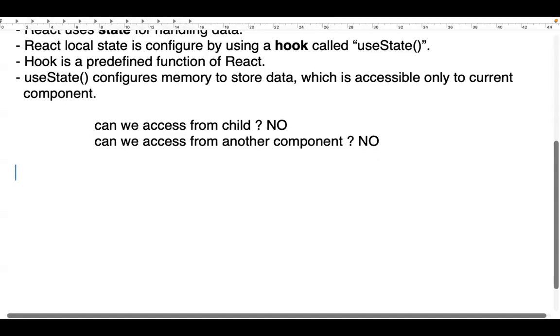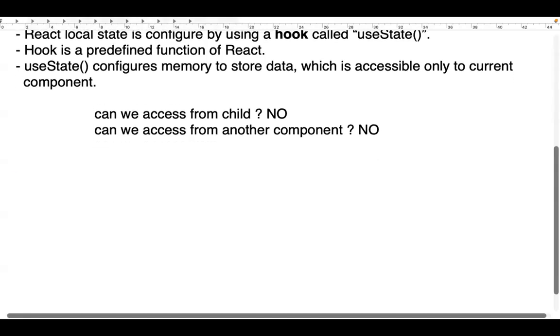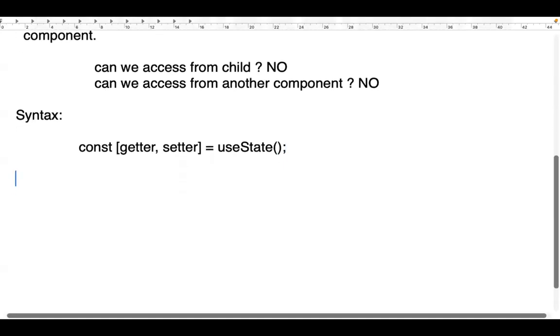Now, how to use this state? Syntactically, we need to define the state like this: const, getter and setter, is equal to useState. I hope you know this is called array destructuring.